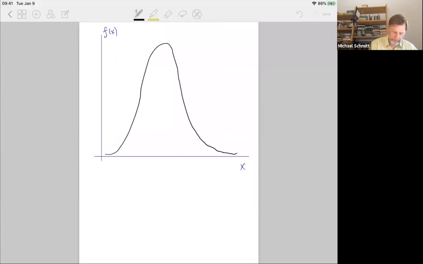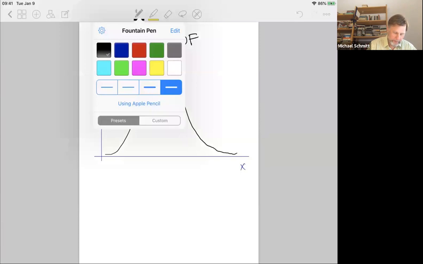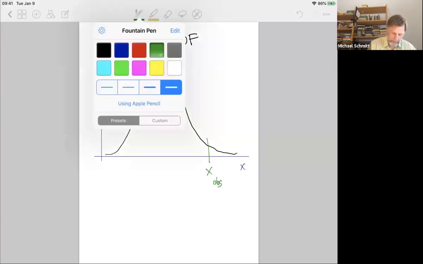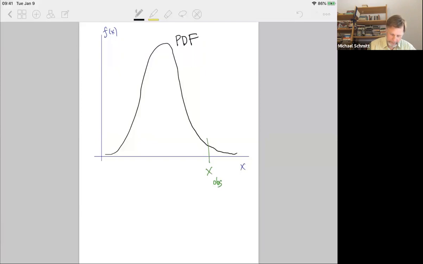The integral of the PDF across the x-axis is unity, is 1. But maybe the value that you observed in your experiment is out here. So this is x observed. The mean is here someplace, and the variance corresponds to this width, or the standard deviation corresponds to that width.